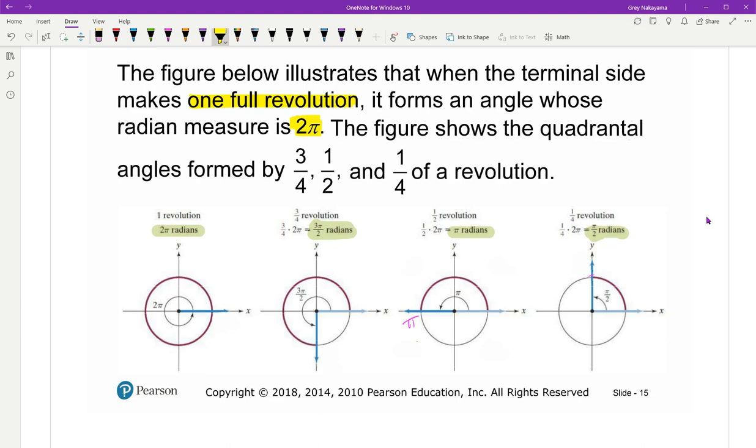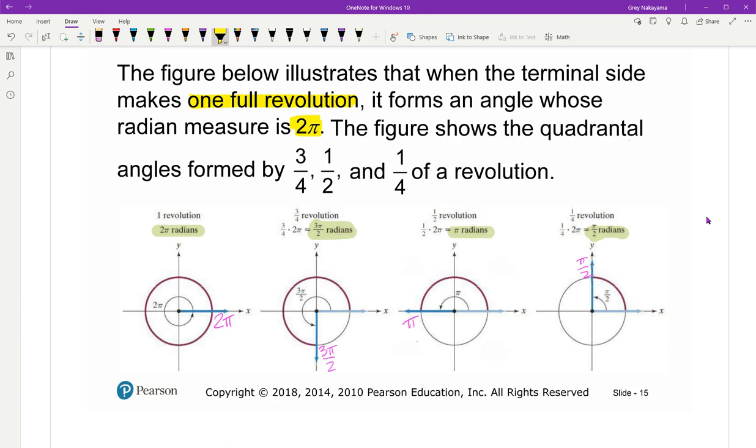So half of a revolution is pi radians. A full revolution is 2 pi radians. 3/4 of a revolution is 3 pi over 2. And then 1/4 of a revolution is pi over 2. So those numbers are going to be really important. If you don't know them already, I'm going to talk about them in the next lesson with our unit circle.